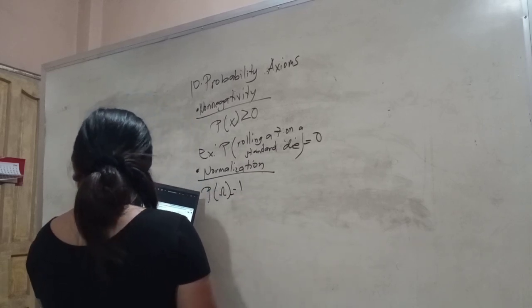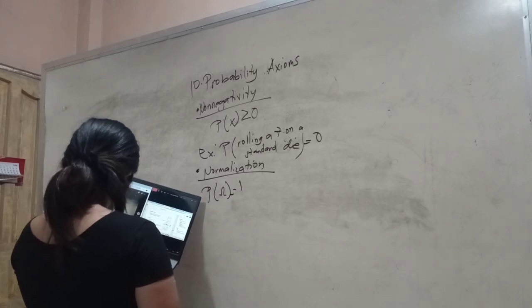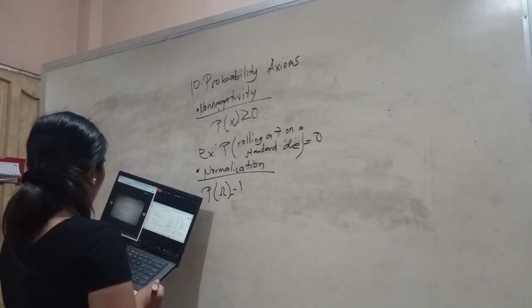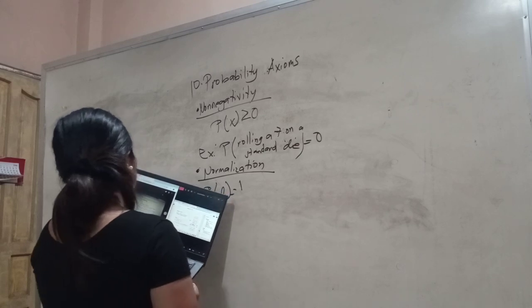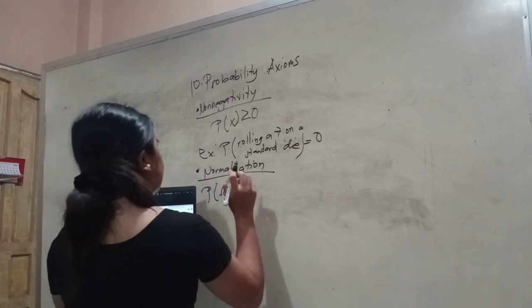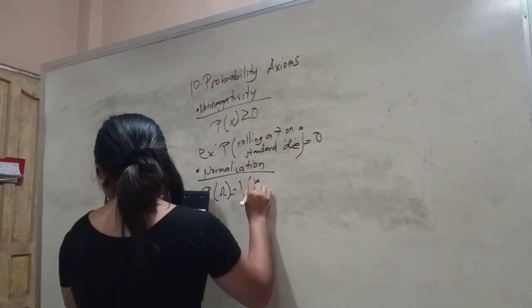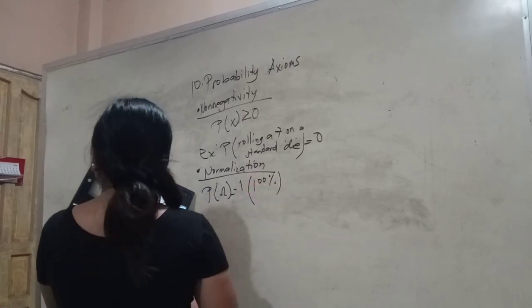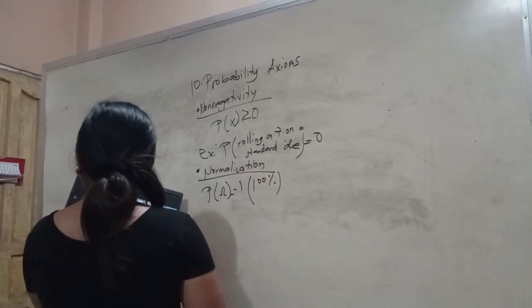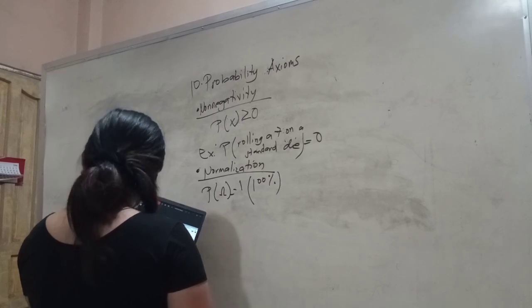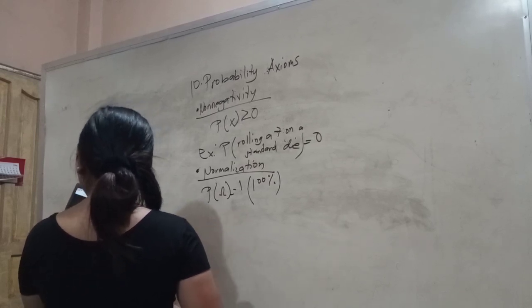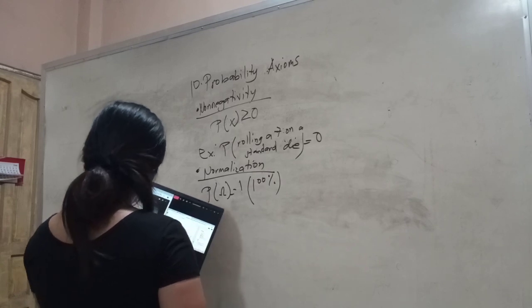This means something from the sample space must happen with certainty. The total probability of all possible outcomes is 1, or 100%. When you perform an experiment, one of the possible outcomes in the sample space must occur. There is no other possibility.